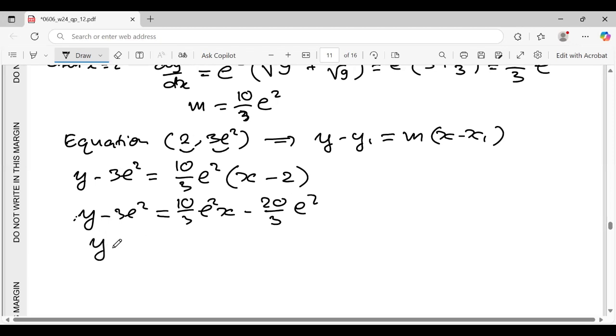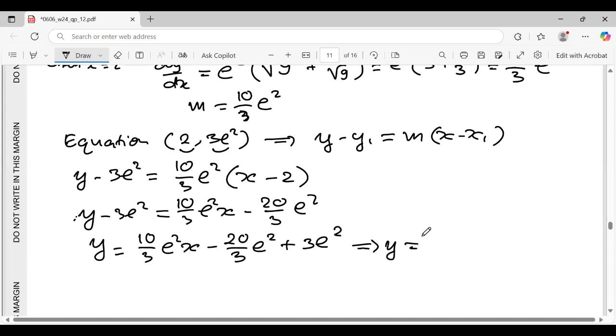And after that, the equation becomes 10 thirds e squared x minus 20 thirds e squared plus 3e squared. So y equals 10 thirds e squared x minus 11 thirds e squared. 11 because this is 9, 9 plus minus 20 is minus 11.